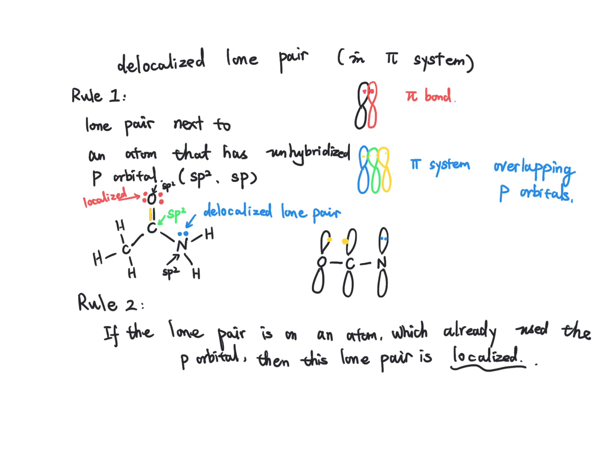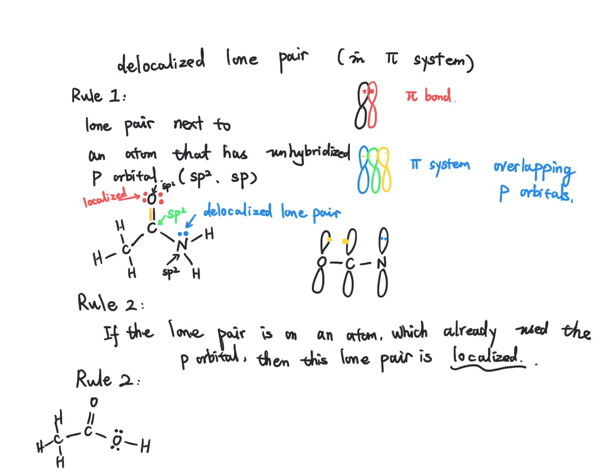So it's an either-or situation. The third rule is for another situation, where sometimes you will see 2 lone pairs on one atom. For example, here this is acetic acid. We already know this oxygen has 2 lone pairs right here.